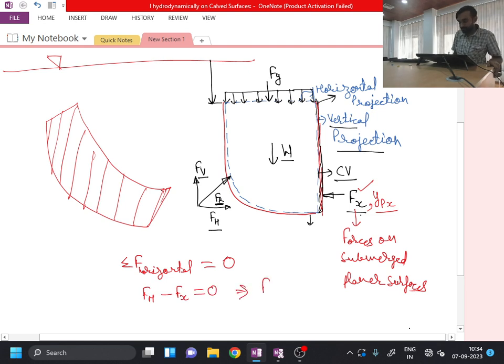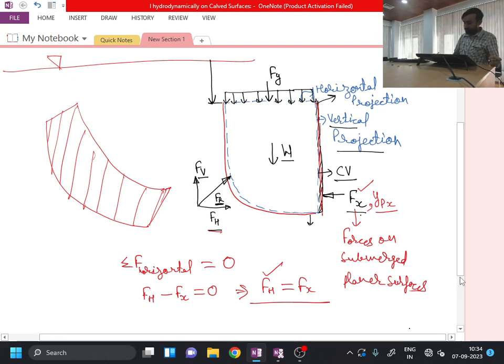So from here I can simply say that Fh is equal to Fx. The meaning is, if I can calculate the force which is acting on this vertical submerged plane of the curved surface in x direction, that will give me the horizontal component of the resultant force Fh. So this is how I can calculate Fh.